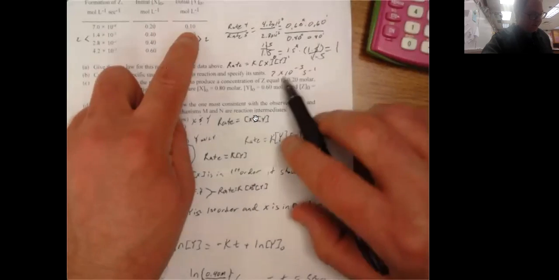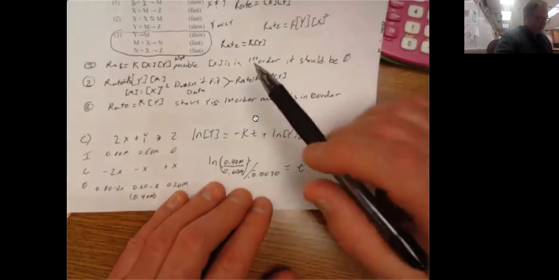So basically, I'm not sure which one I picked, but I picked one of them and then plugged that in. This would be 1 and this would be 0.1. So we take the rate divided by 0.1, and that does move the decimal 1 place. So that is K.